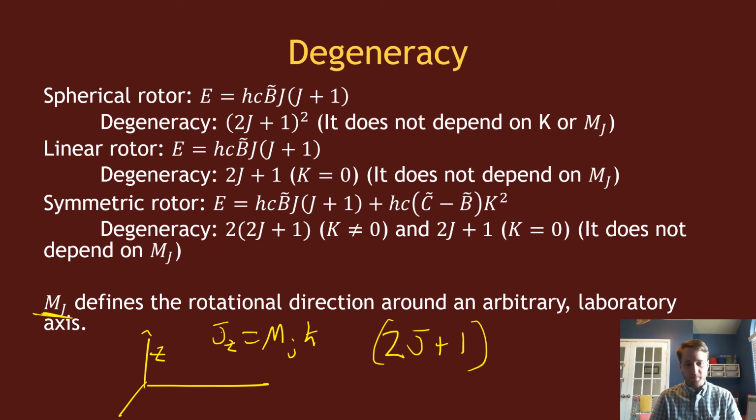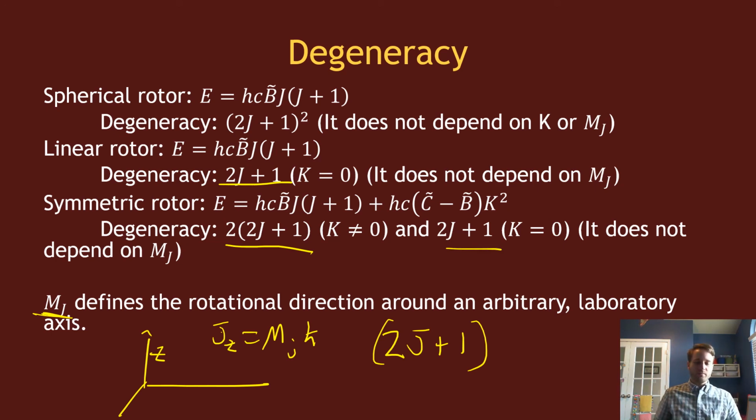So for a spherically symmetric rotor, that means you get 2j plus 1 times 2j plus 1, which is 2j plus 1 squared. For a linear rotor, you just get 2j plus 1, because it has a degeneracy of 1 initially, but now it's 2j plus 1 since the energy does not depend on m sub j. And then for a symmetric rotor, you get 2 times 2j plus 1 when K does not equal 0, and then 2j plus 1 when K equals 0, okay?